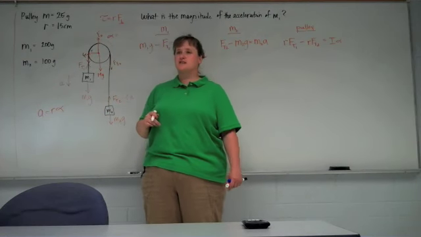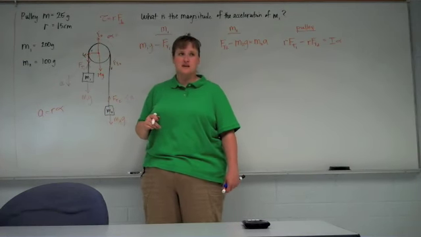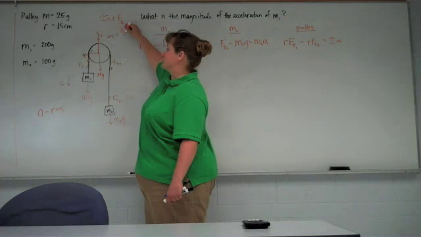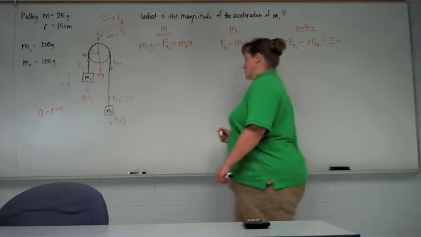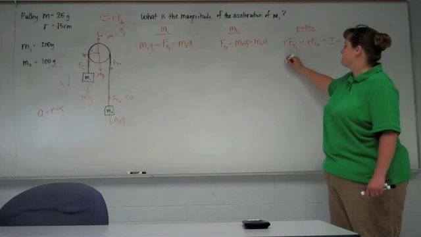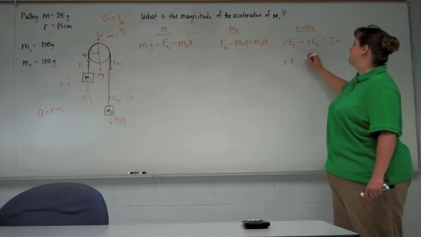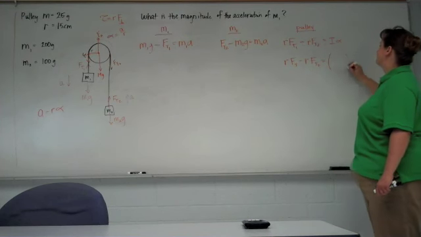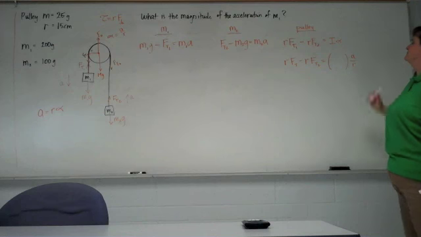The tangential acceleration is equal to the radius times alpha. So alpha is equal to the acceleration over the radius. So I'm going to put that in.